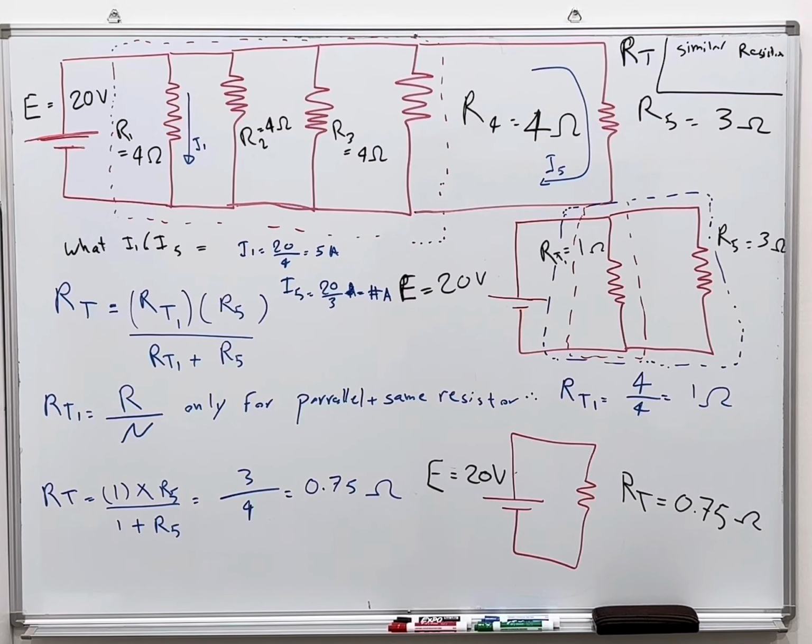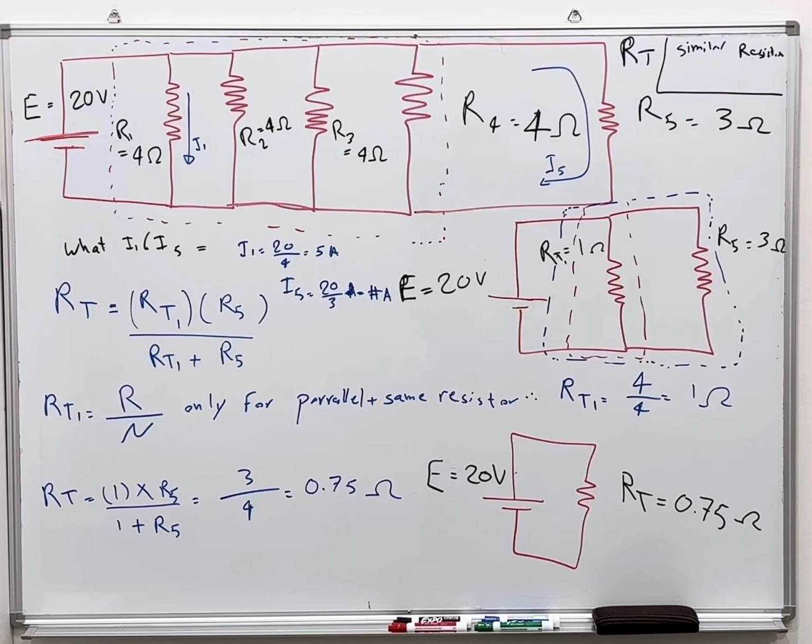Okay, let's assume he asked me about I1. How can I find I1? And it's the same for I2, I3, I4. Because they have the same resistance, this resistance is parallel to the source, because it shares 2 points. So the V for R1 equals 20.